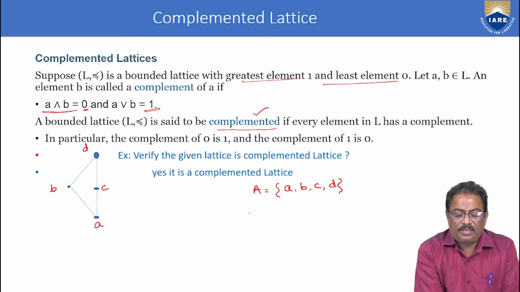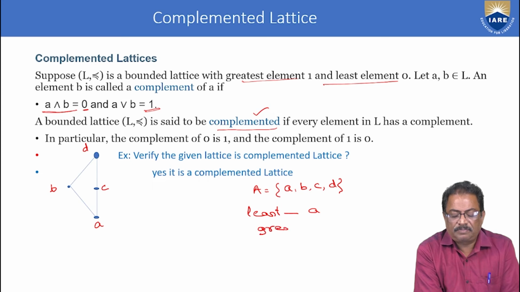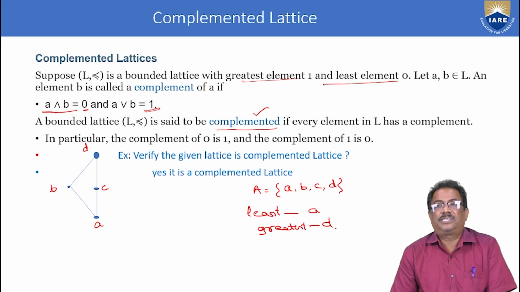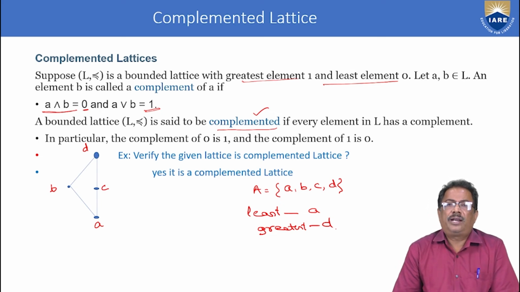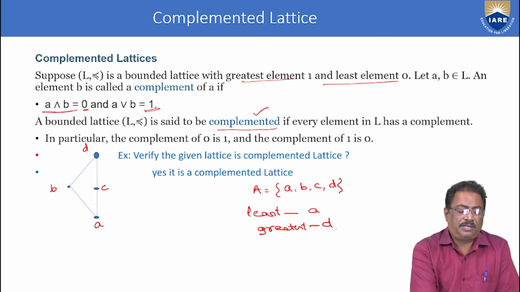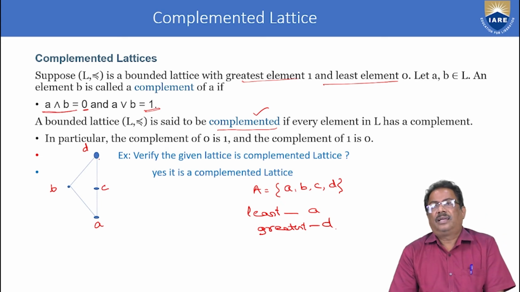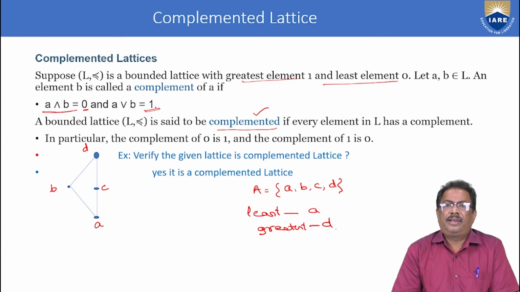Then the least element is A, and the greatest element is D. This is a bounded lattice because it has least and greatest elements.